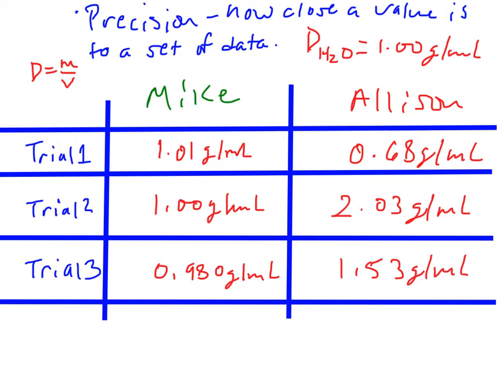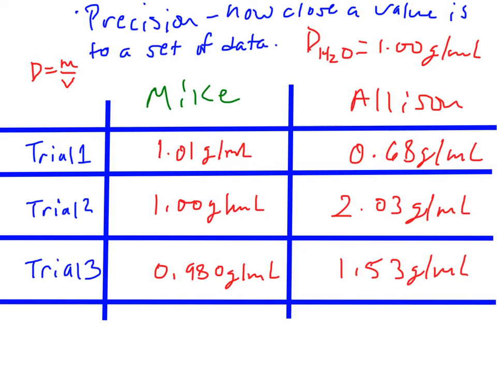Let's just talk about the precision part of this data first. Let's go look at Mike's data again. If you'll notice, he's got 1.01, 1.00, and 0.980.